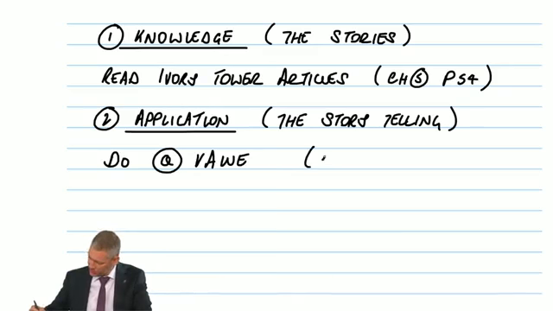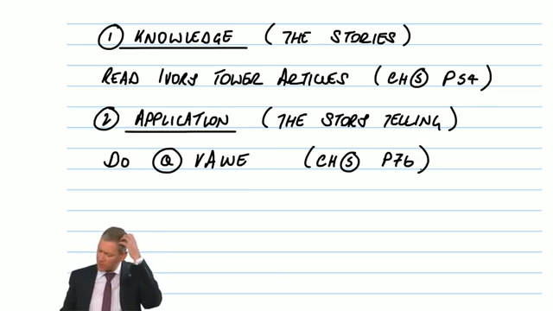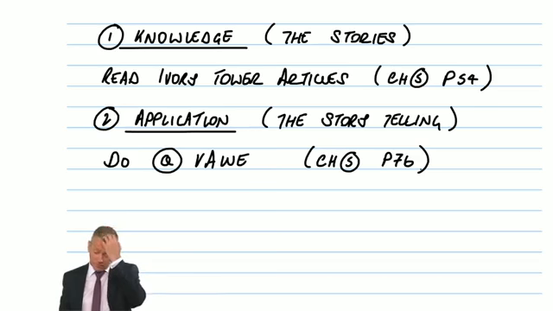So still in chapter 5, page 76. And I'll do a part of it. Obviously I've only got a limited amount of time, so I'll just do a little bit of it with you. But then I will ask you to have a go at Value yourself.